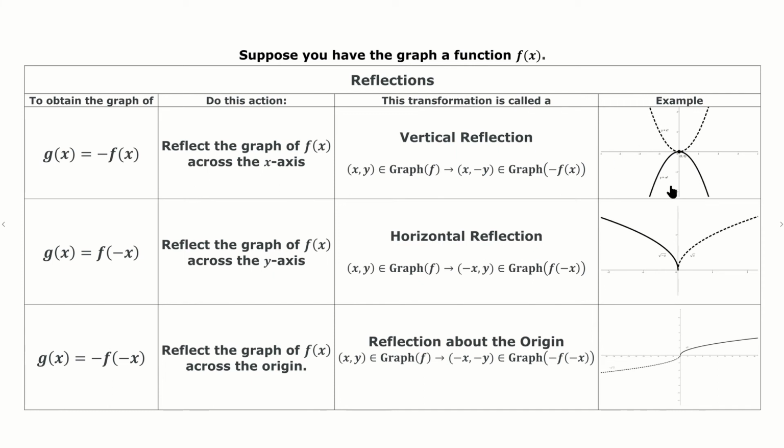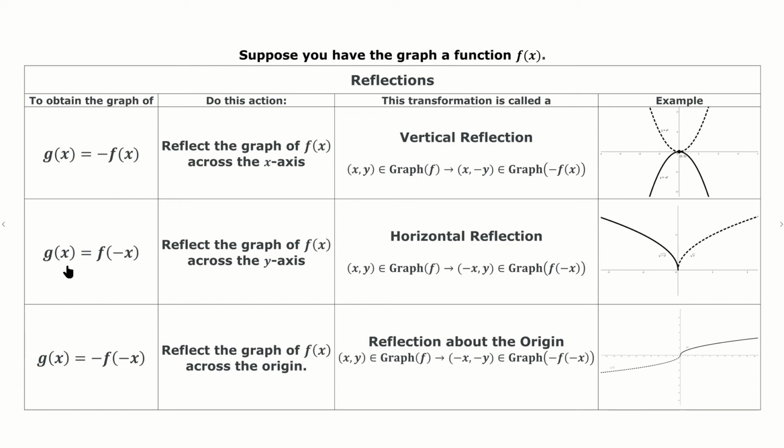And notice that if x, y is on the graph of f, that implies that x, negative y is on the graph of negative f of x. So this is why this flipping happens. It's a vertical flip, which is formally called a vertical reflection.